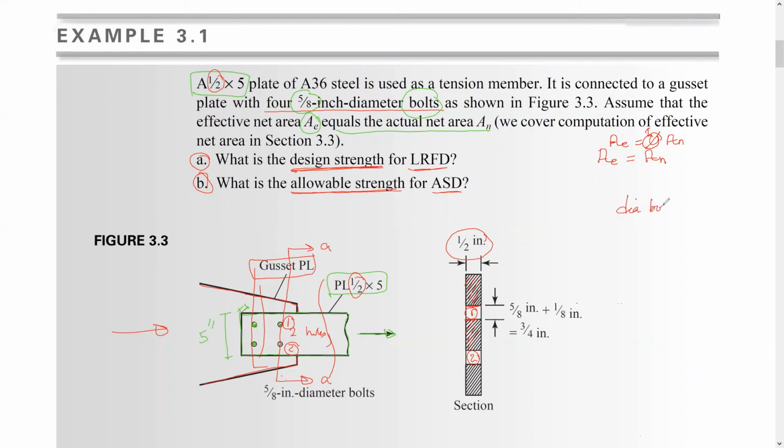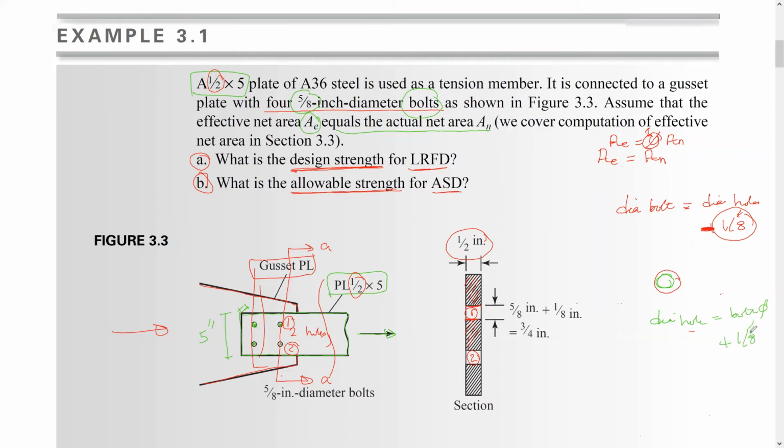The diameter for the holes is equal to the diameter for the bolts plus 1/8.